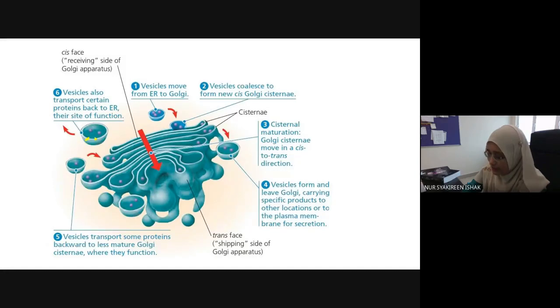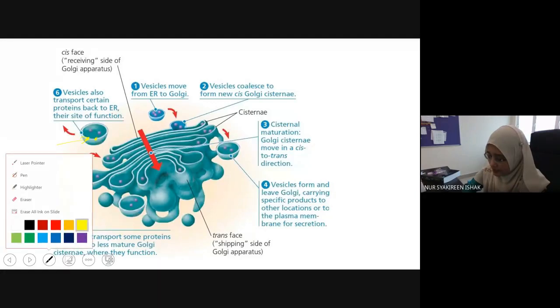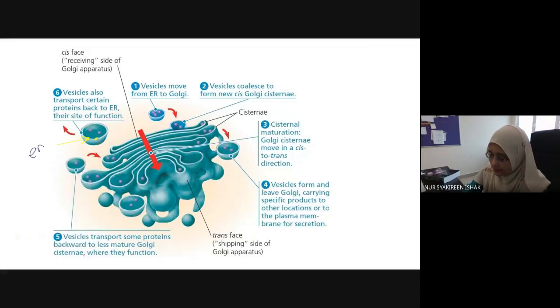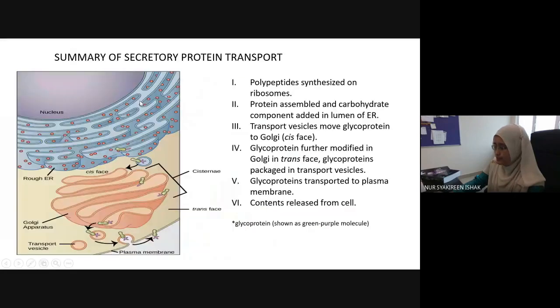The protein that is embedded in the membrane of this vesicle can become an enzyme. Okay, it can become an enzyme. So when the protein that was embedded in the membrane of the vesicle becomes an enzyme, it can function in the membrane of the ER. Okay, contohnya. So same explanation nampak kat sini kan.